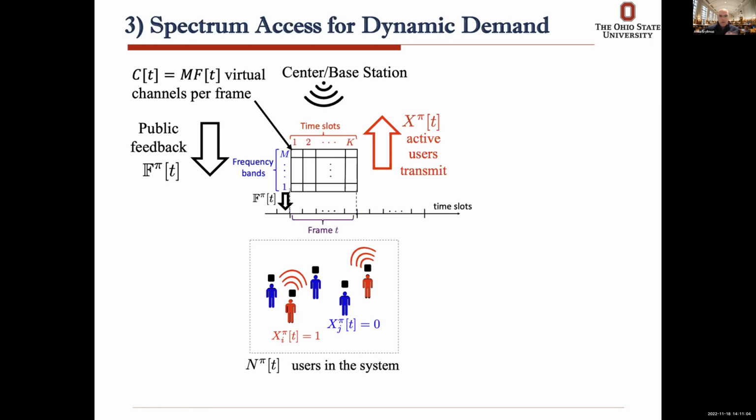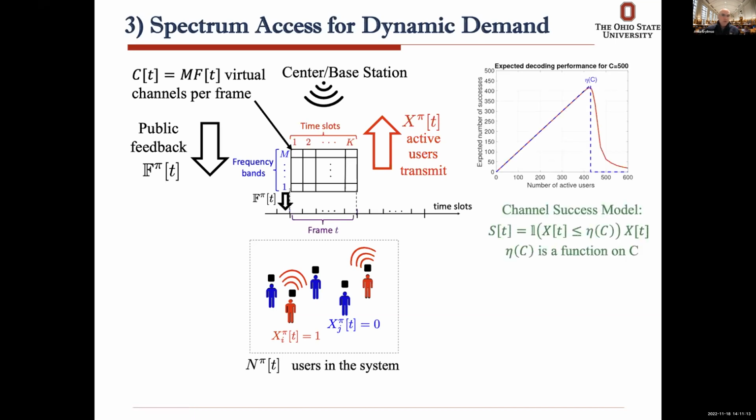Based on how many are active, you get a certain number X of them active, which is a random variable. Once that number of activations happen, there is a question of whether they're successful.